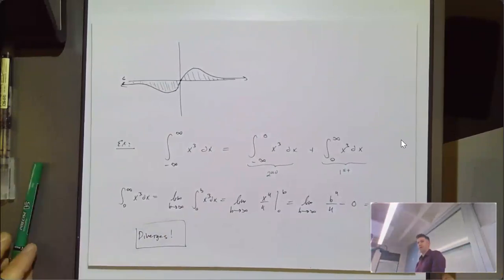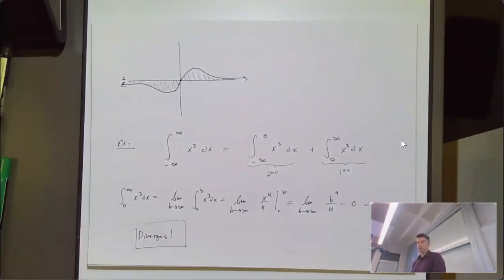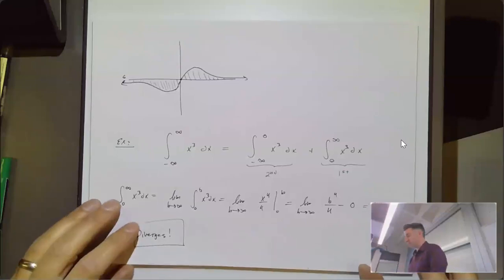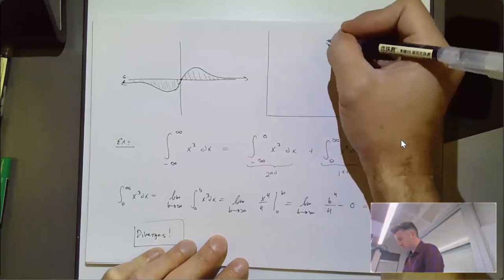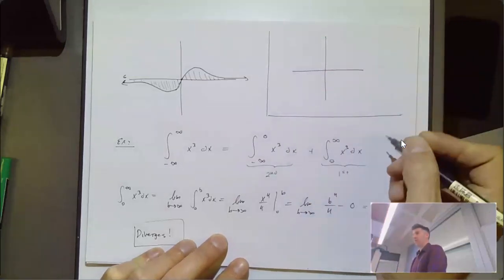Now, I will point out, it is possible, although I doubt it, especially if your professor is Burke, she's a rational person, she doesn't teach crazy math that's wrong, but I have seen professors teach this the wrong way. I've seen some people say, well, look, these areas cancel each other out.